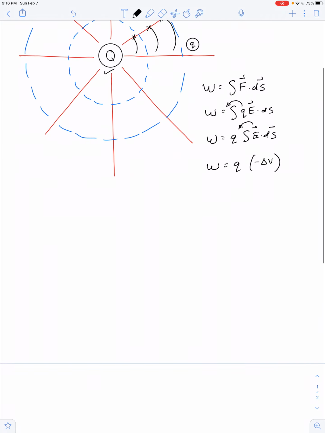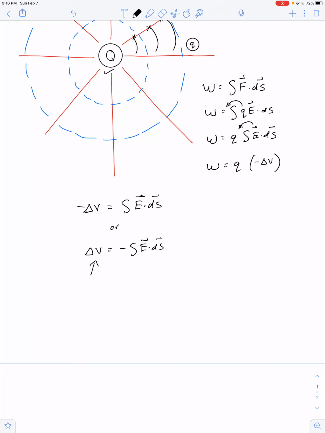Okay, so that's it. This must mean that negative change in electric potential is the integral of E dot ds. Or probably better to say that change in electric potential is equal to negative the integral of E dot ds.